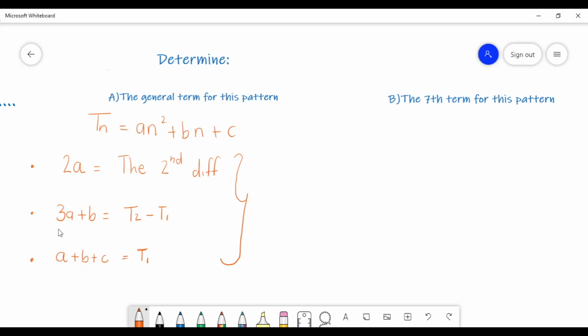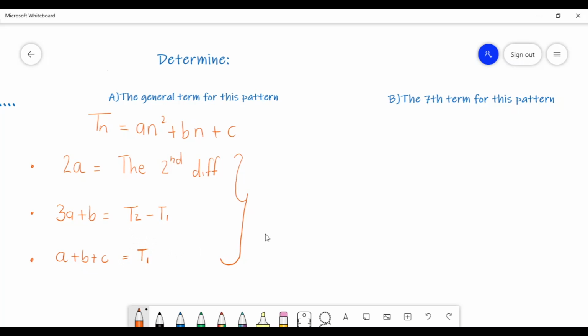Once you've got your a, then you can use the equation 3a plus b, which is equal to t2 minus t1, right, to determine your b. And once you've determined your b, you need to use the equation a plus b plus c, which is equal to t1. Okay, so this is something you really need to memorize and remember for when you are given a quadratic sequence in your mathematics paper 1 exam.